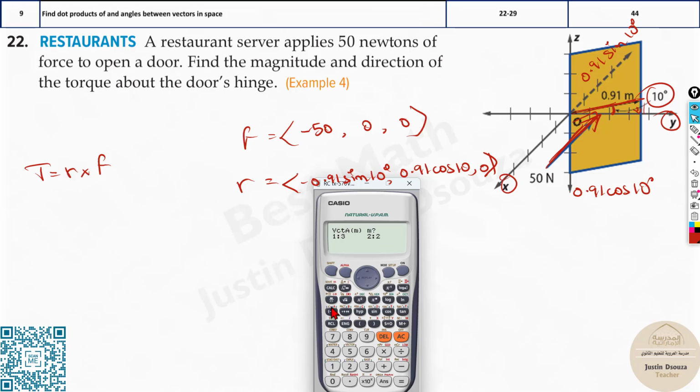The dimension is 3, because 1, 2, 3, it's 3-dimensional, isn't it? Minus 0.91 sine 10 degrees, close the bracket. The answer is over here. It'll automatically calculate it for you. Then it's 0.91 cosine 10, close the bracket, and that's also done. And lastly, we have 0.